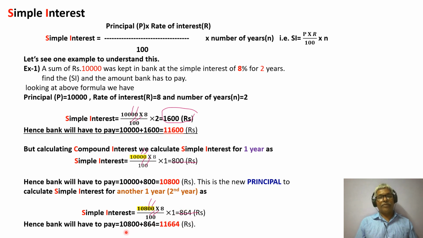So for the second year, 10800 plus 864 gives 11664. Naturally, for compound interest it is more, and for simple interest it is less. This is the difference between simple interest and compound interest. Okay, got it? So we go ahead.